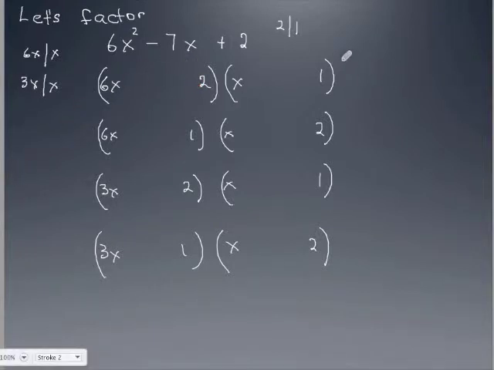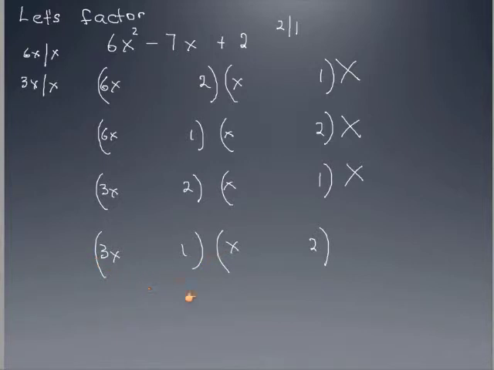So that's not going to help me. 1x and 12x is not going to help me make a negative 7. 2x and 3x is not going to help me get a negative 7 because 2 plus 3 is 5 and the difference is 1. That's not very helpful.